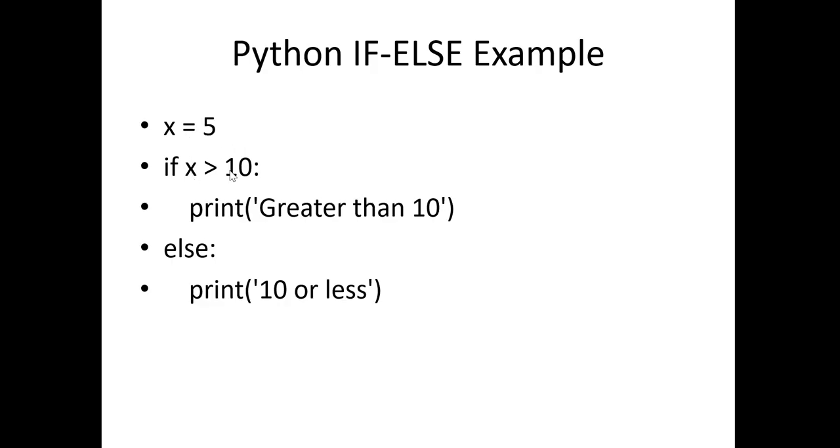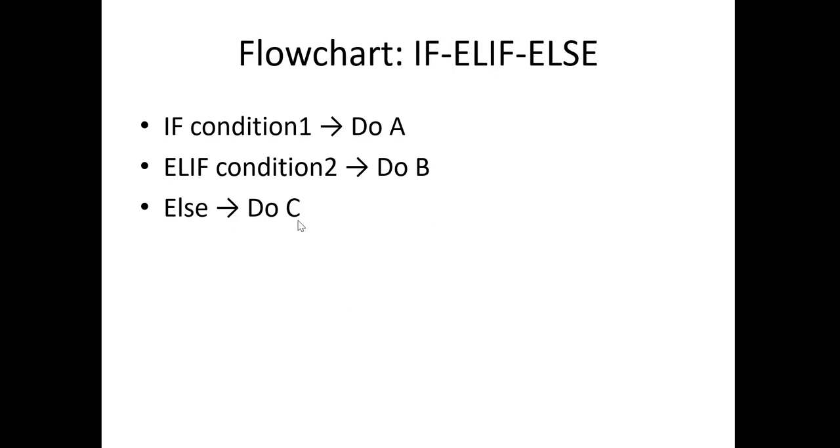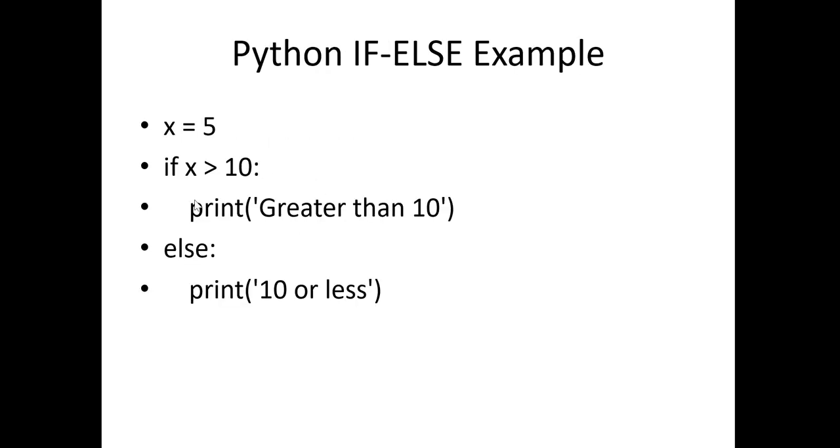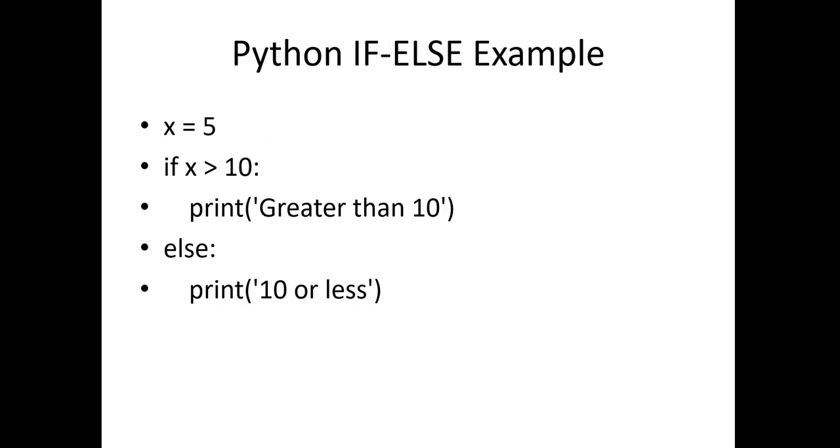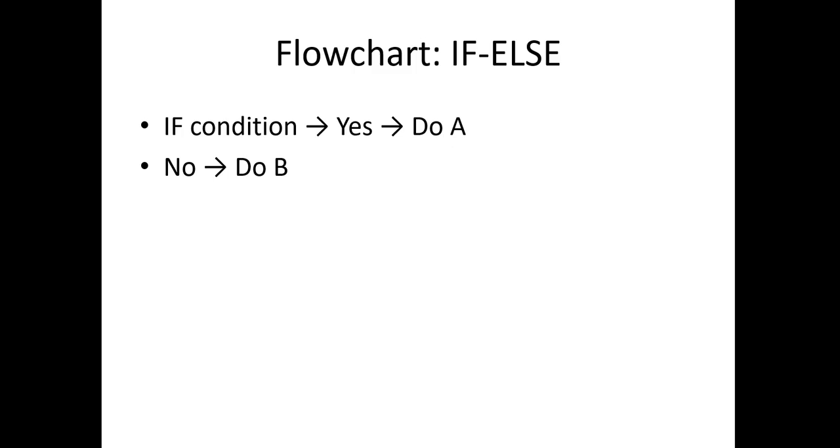For example, if 5 is greater than 10, print greater than 10, else print 10 or less. This is a block of code, and this print statement is a block of code. With if else and elif, if you want to see multiple conditions, note that if checks only one condition. If the condition is not satisfied, it always goes to else.